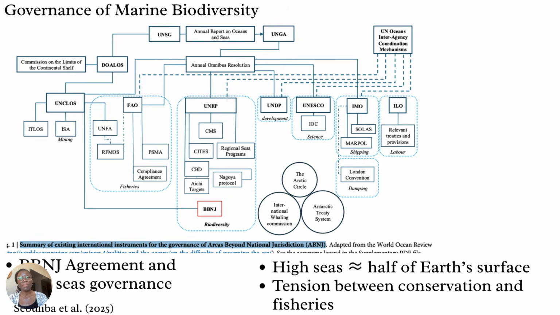The reading from Cebulla 2025 studied the Biodiversity Beyond National Jurisdiction agreement, which aims to protect biodiversity in ocean areas beyond national borders. These areas cover almost half of the Earth's surface and are among the largest shared ecological systems. Marine governance is complex, and several international agreements already regulate ocean activities such as fisheries and maritime law.